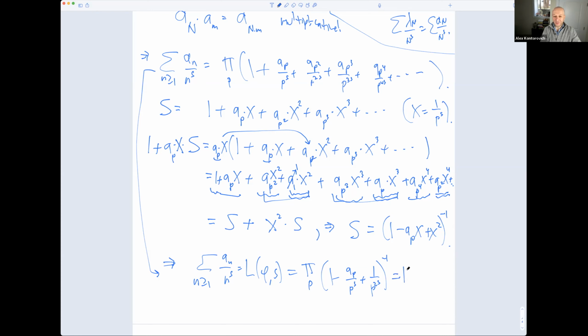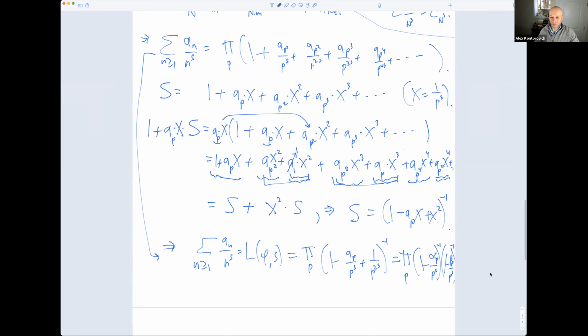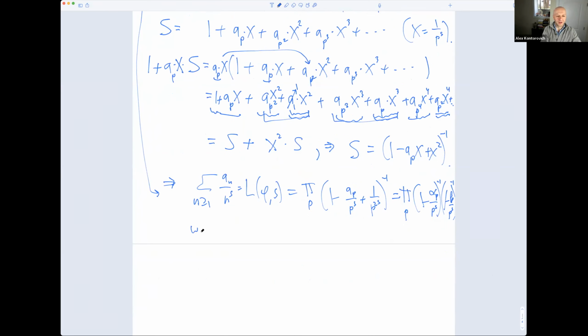If I factor that quadratic polynomial, I'll get 1 minus, let's say, alpha_p over p to the s, inverse, times 1 minus beta_p over p to the s, inverse, where formally alpha_p times beta_p will give me the coefficient in front of x squared, namely 1, and alpha_p plus beta_p will give me the coefficient in front of x with a minus sign, which I have.